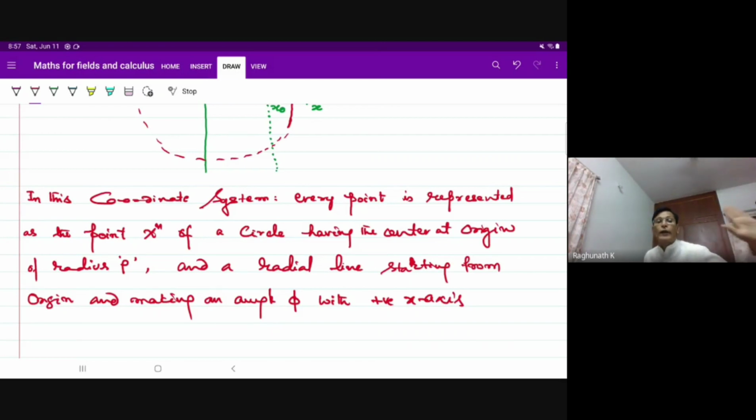Reference is Cartesian coordinate system. We always say this. Angle phi in anti-clockwise direction.